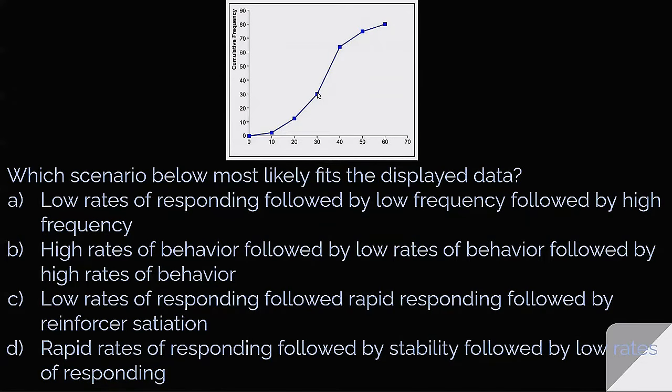They're getting an M&M or something, and they have high rates of responding. But eventually, you get tired of it, right? They're getting satiated with M&Ms, and they don't really want to work so hard to get M&Ms anymore. So you might actually see this just flatten off. So that's what I mean by reinforcer satiation. If that's happening, then likely you're going to get lower rates of responding.